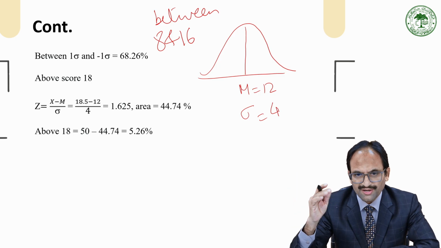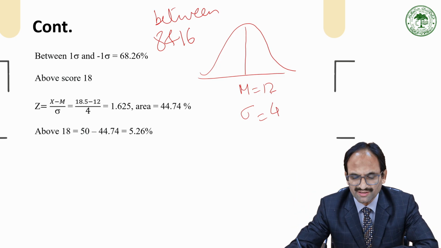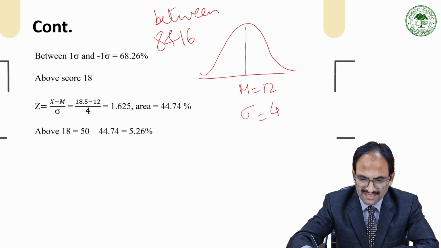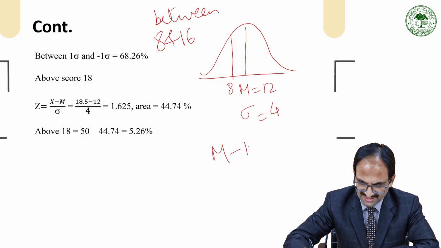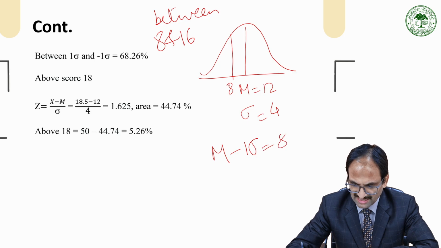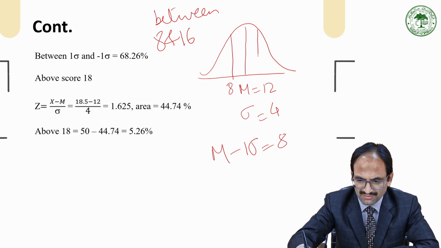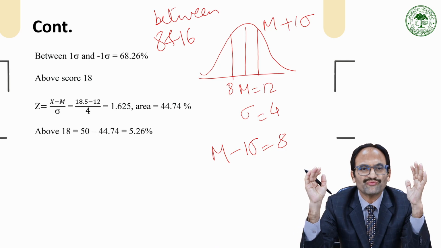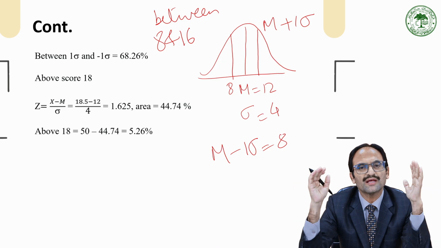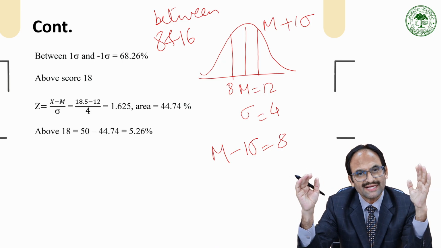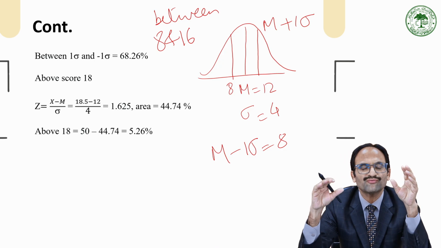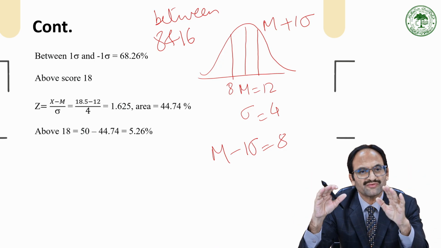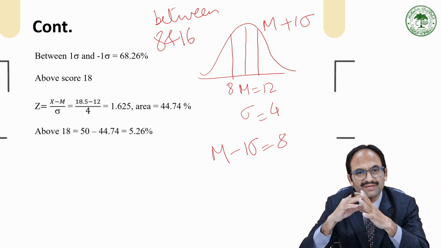Now remember, if 12 is the mean, then this score 8 will come here, that is mean minus 1 sigma, and score 16 will lie here, that is mean plus 1 sigma. You are required to find the percentage of cases lying between 8 and 16. It means in this case you have to find the percentage of cases between mean plus 1 sigma and mean minus 1 sigma.